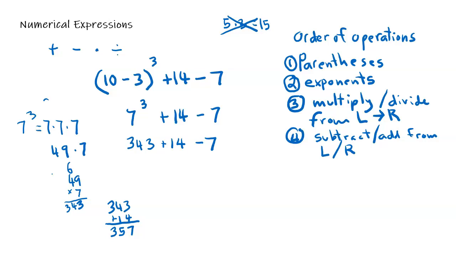So 343 plus 14 is 357. Okay, so 357 take away 7 is 350. And that is the answer.